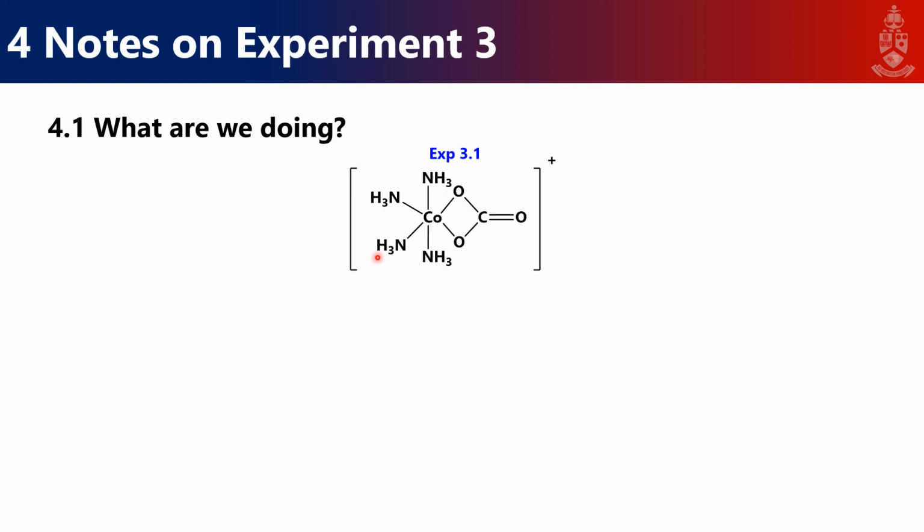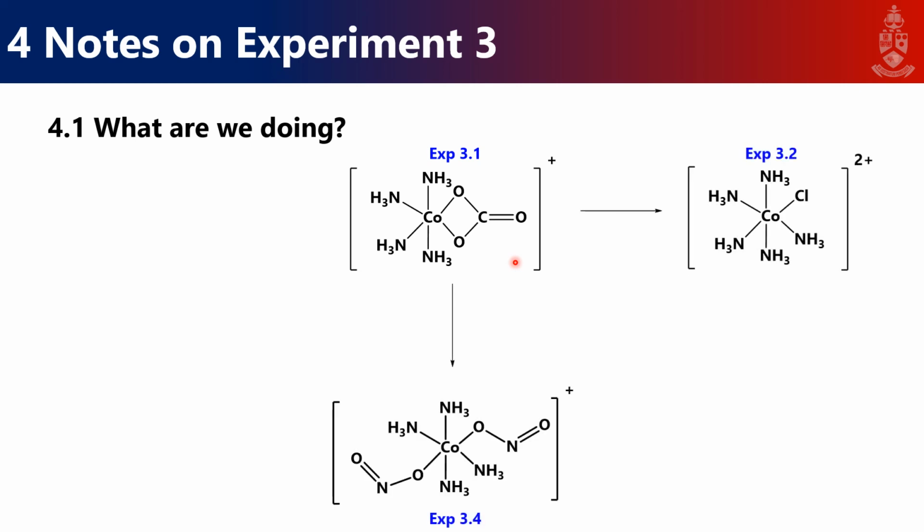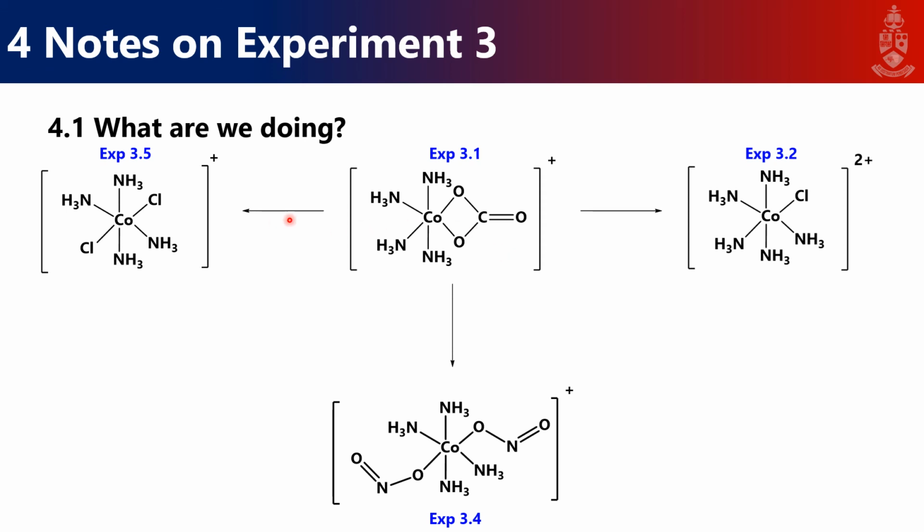So if you mess up here, then you will have to redo it, because you need about 4 grams at least of experiment 3.1 for your subsequent synthesis of each of these. So from experiment 3.1, you need to synthesize experiment 3.2, experiment 3.4, and experiment 3.5. So you'll be using a gram each here.